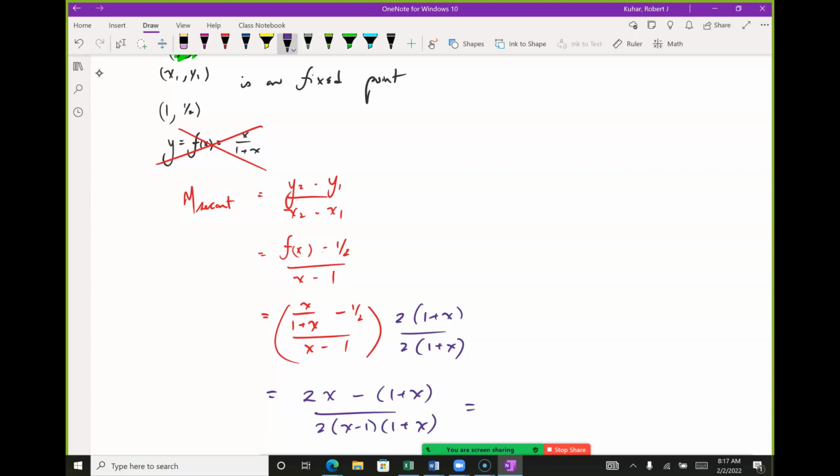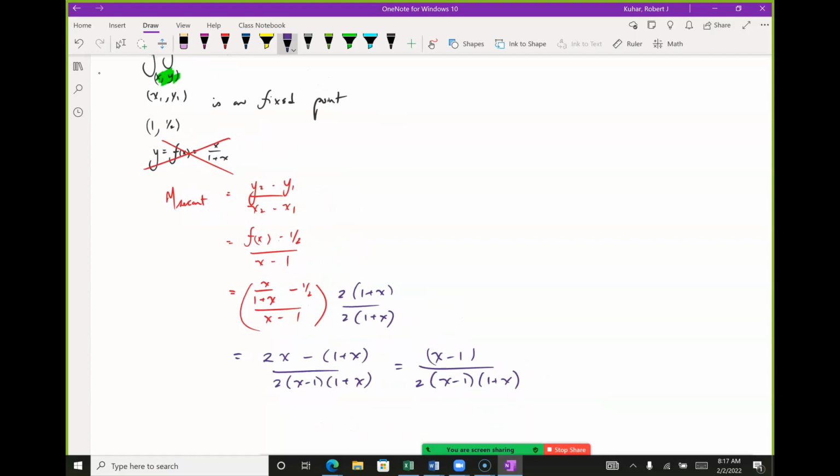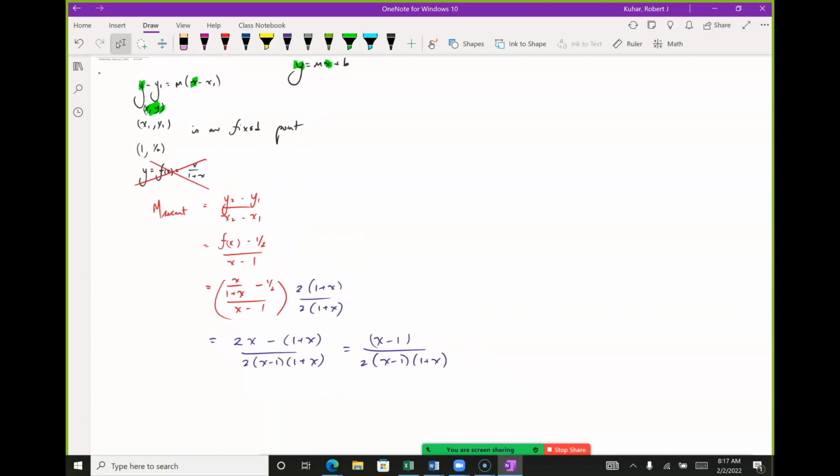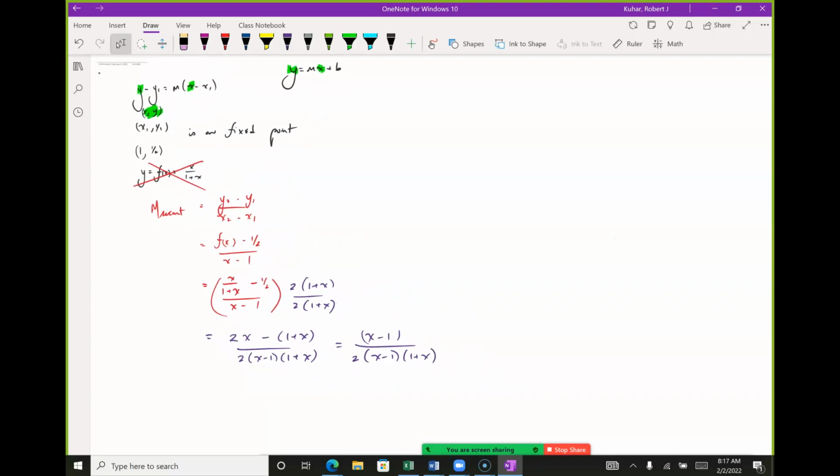Yeah, I remember doing this. And then I think I get x minus 1 upstairs. And again, this is still my secant slope, with x getting closer and closer to what number? I'm asking. Oh, I have to put my chat on, sorry.